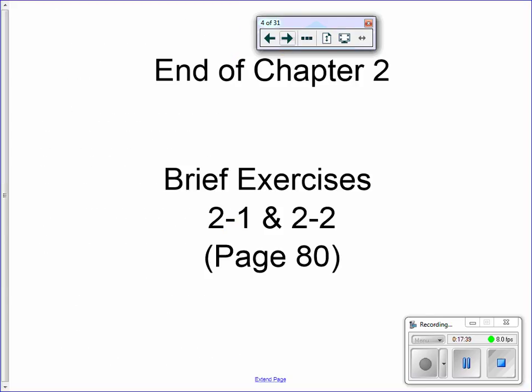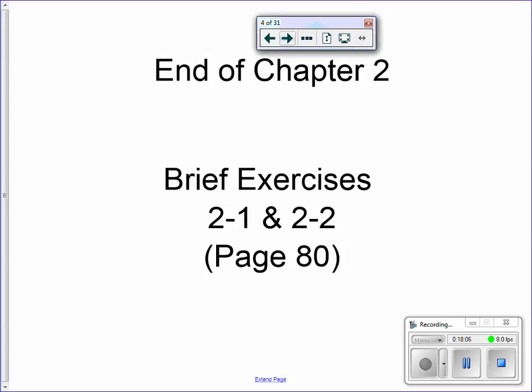Do you have brief exercises in your workbooks? I'm not sure if you do or not. Chapter 2-1. Do you have them in your workbook? So it would say brief exercise.